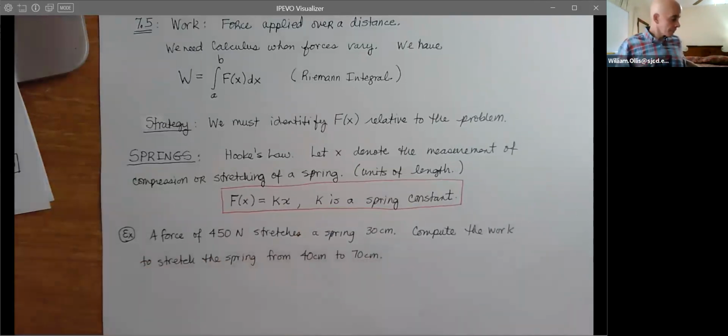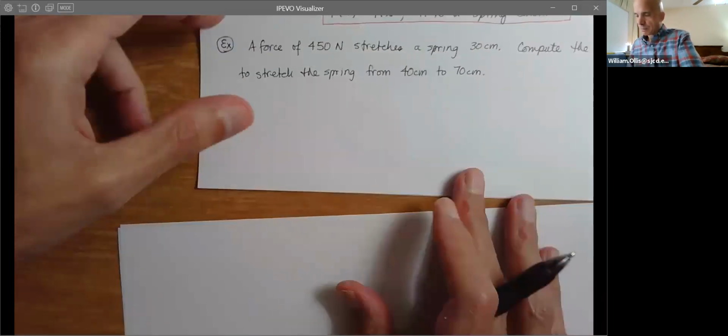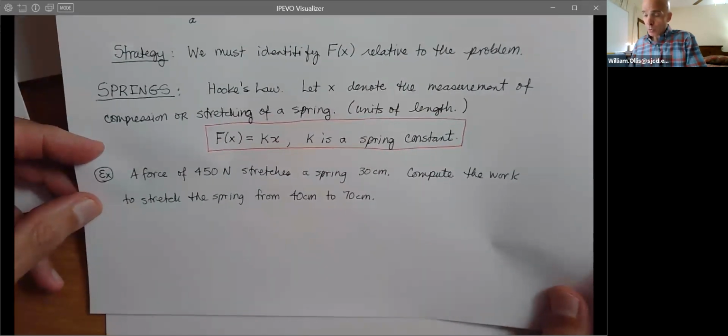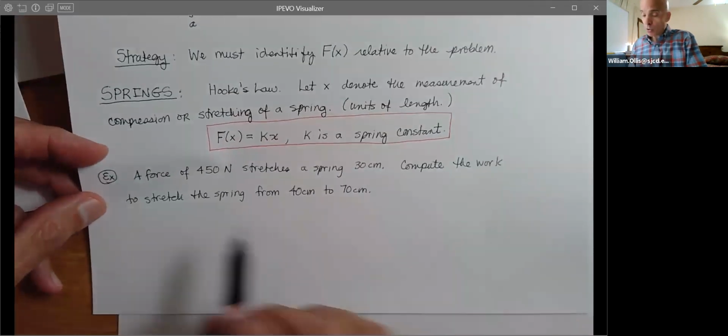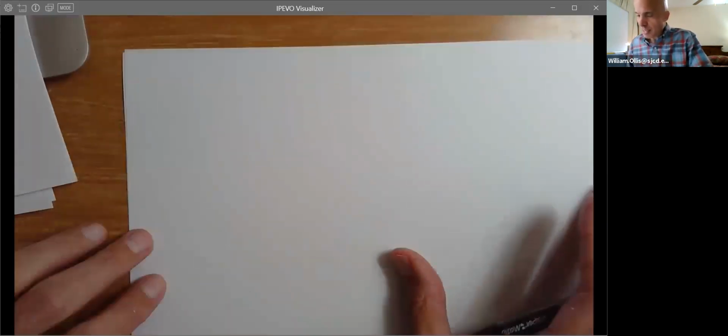Okay, so let's get a clean sheet of paper so we have some space. So there's our problem. Make sure everybody has that. A force of 450 newtons stretches the spring 30 centimeters, and we want the work to stretch the spring from 40 centimeters to 70. And I just need a little extra space so you can actually see it.